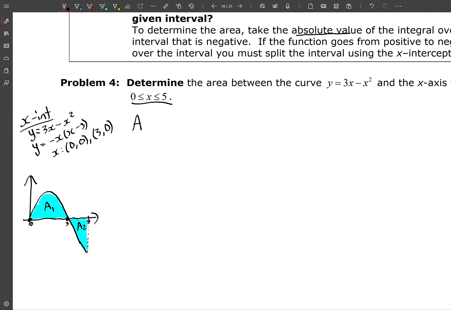So A1 is the integral from 0 to 3 of 3x, there we go, minus x squared dx.